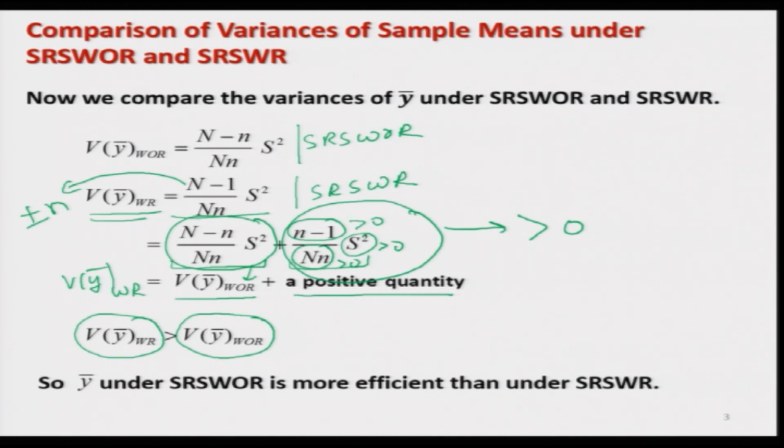This indicates that simple random sampling without replacement will yield more efficient results than simple random sampling with replacement when the sample mean is chosen to estimate the population mean. That is a very important result. In practice, as far as possible, we always try to choose simple random sampling without replacement to draw our sample. Why? Because that is going to give us a more efficient result.